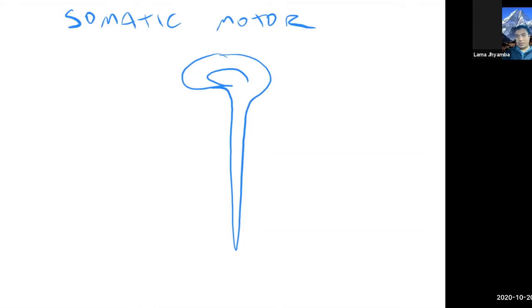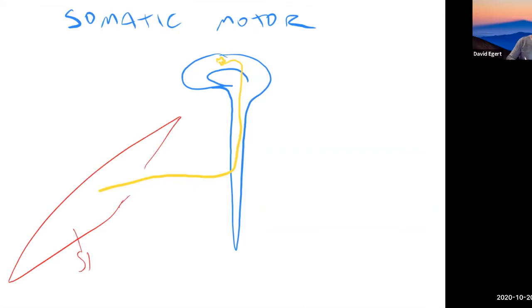Primary motor, precentral gyrus. So we've got some neurons in the precentral gyrus here. They're going to be sending messages out, and there's going to be some skeletal muscle here. Skeletal muscle is your voluntary muscle.